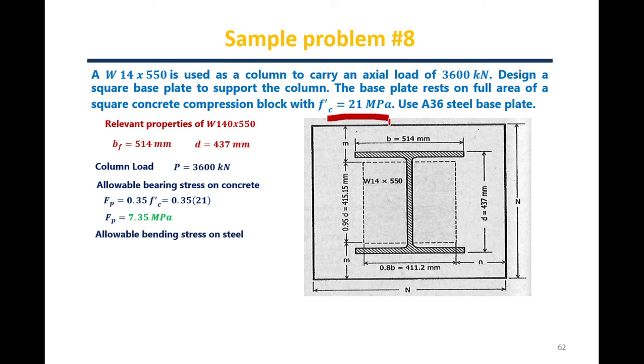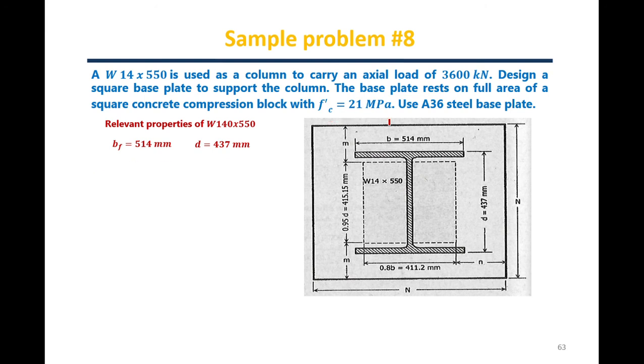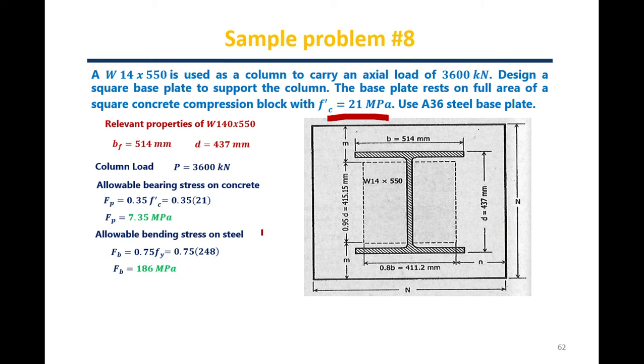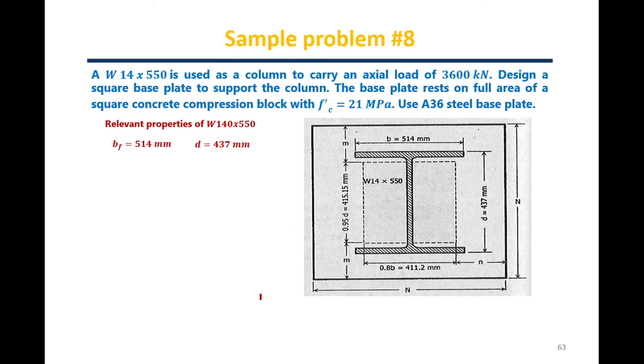Next, we have the allowable bending strength on steel, 0.75 of the FY, which is 248 for this one. So we have here 186 megapascal. And then, after that, the area of the base plate is equal to P over FP.